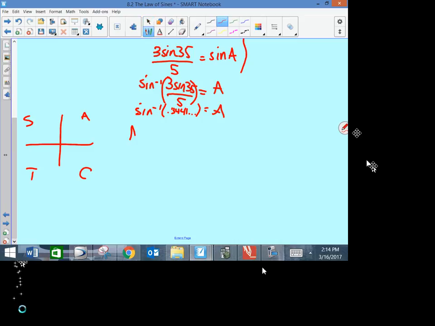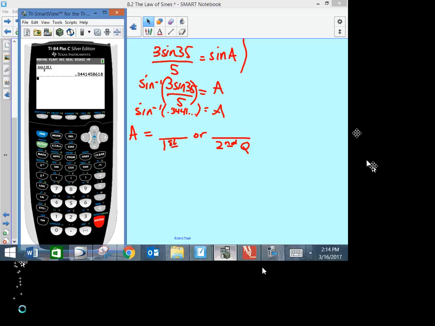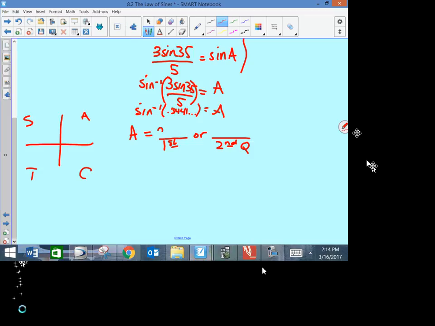A could be blank or blank: second quadrant, first quadrant. The calculator will give you the first quadrant. Inverse sine of my answer, so I don't have to retype that. There it is: 20.130.